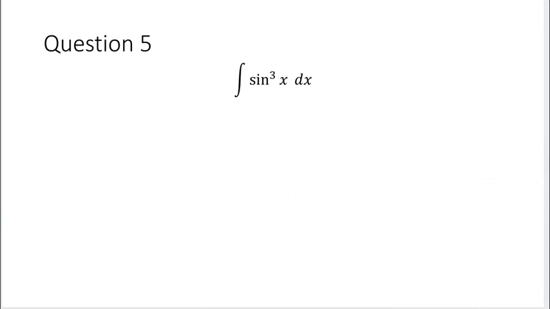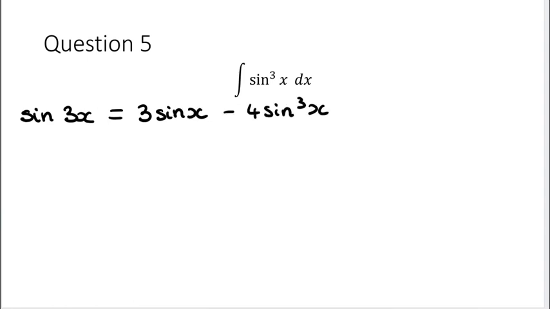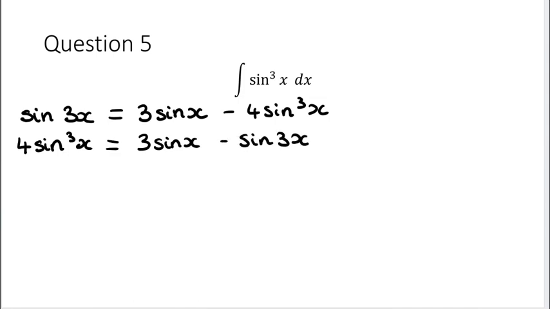We just showed that sine 3x is 3 sine x minus 4 sine cubed x. And what I could do with that is rearrange this to make sine cubed the subject here. 4 sine cubed there, and then I could just divide through by 4.